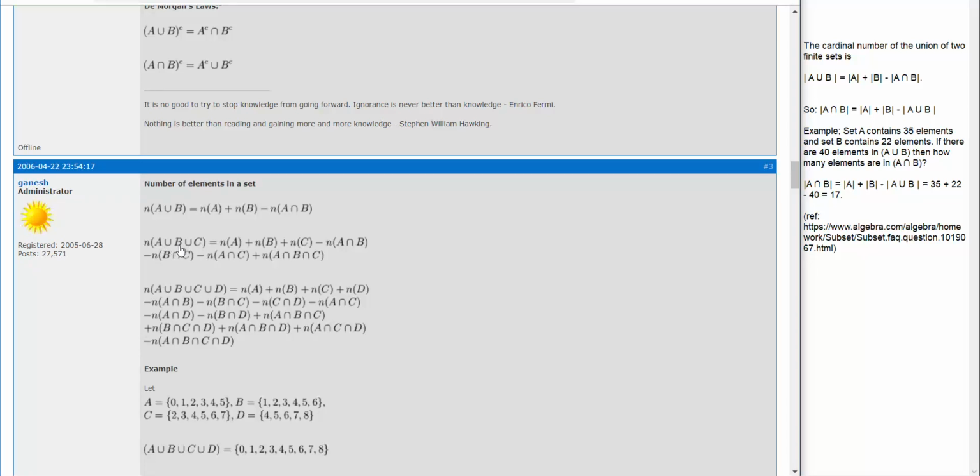So A union B, and then solve for B union C, and then solve for the results of both. I'm guessing this is how I would do it.